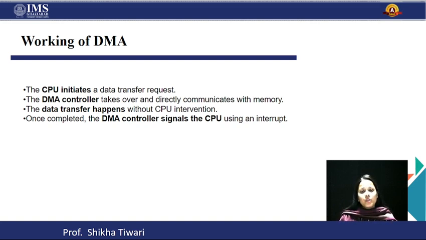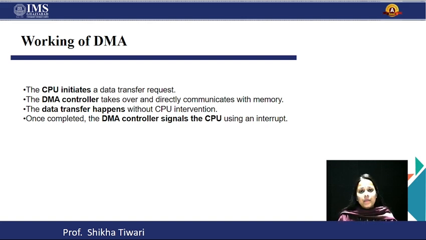The CPU is the one that initiates a data transfer request. Then after the CPU relinquishes its control of the buses, the DMA takes over control of the data bus, control bus and address bus. With the help of these buses, the DMA transfers the data between the memory and the input-output devices.